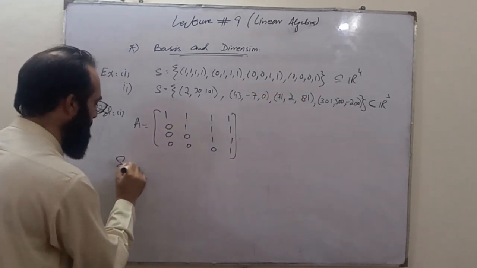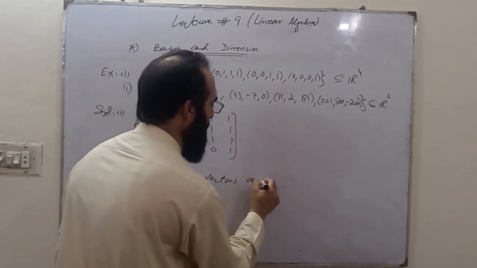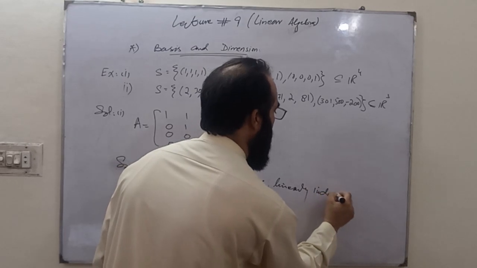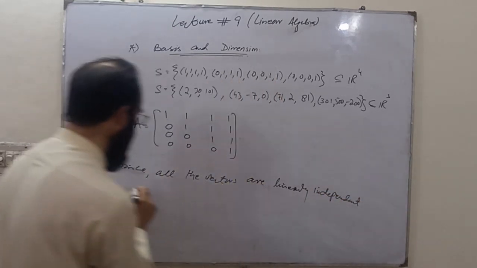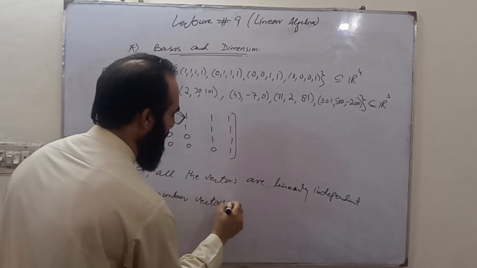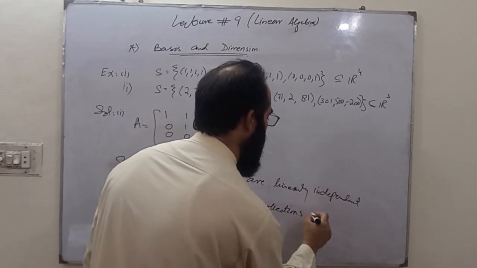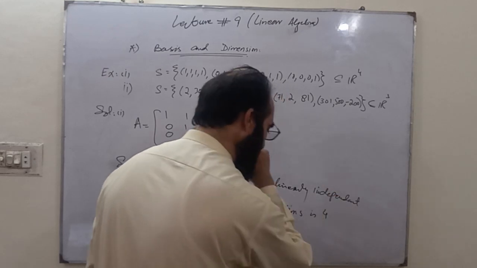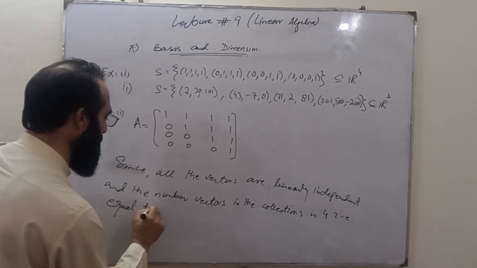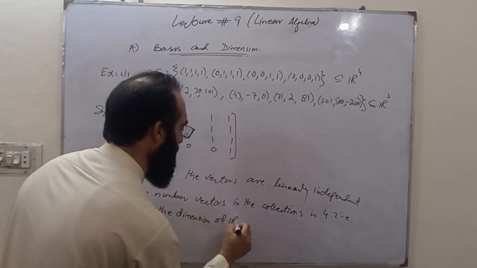Since all the vectors are linearly independent and the number of vectors in the collection S is 4, that is equal to the dimension of R4.